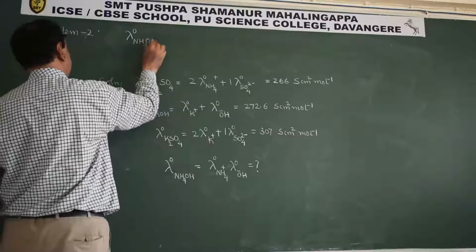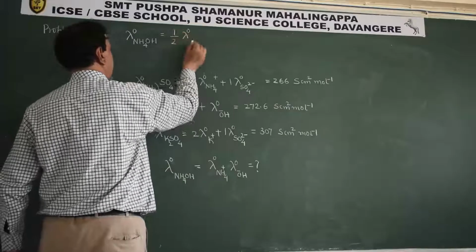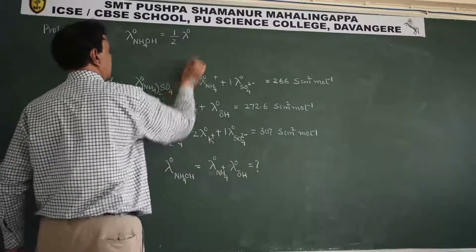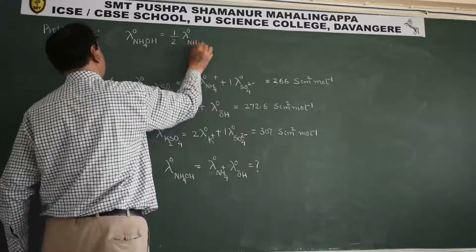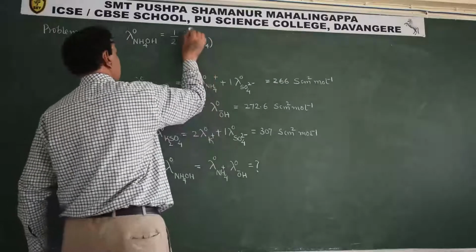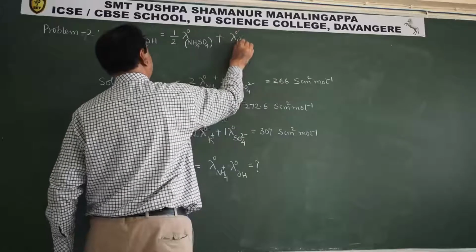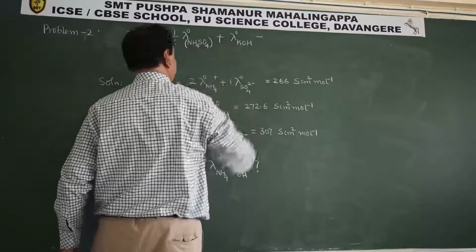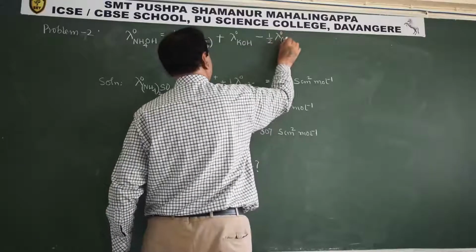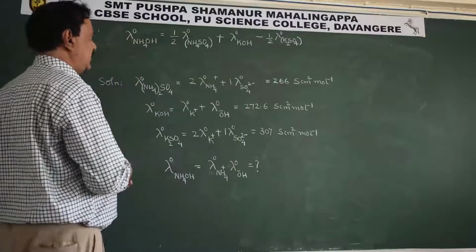Lambda naught of ammonium hydroxide is equal to half of lambda naught of ammonium sulfate, plus lambda naught of KOH, minus half of lambda naught of K2SO4.